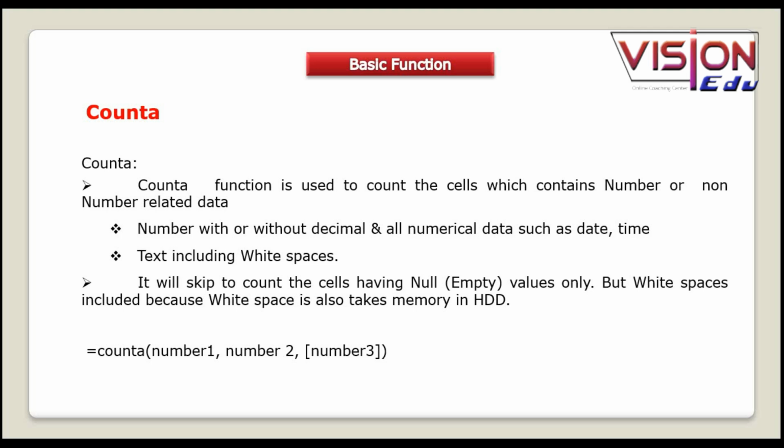Null means nothing is there. Even a space is not included in null. So it ignores only nulls or completely empty cells. If one cell contains a white space, it is still included in the counting, right?